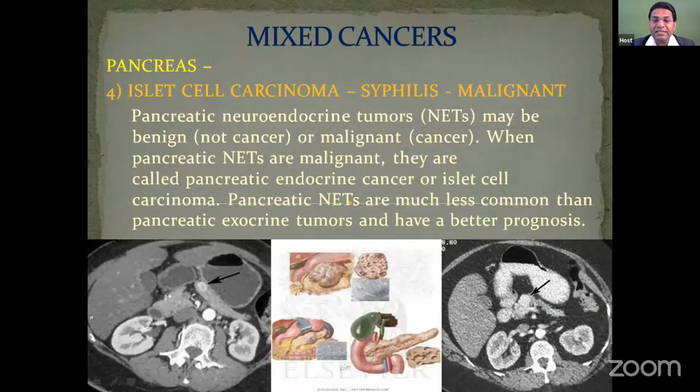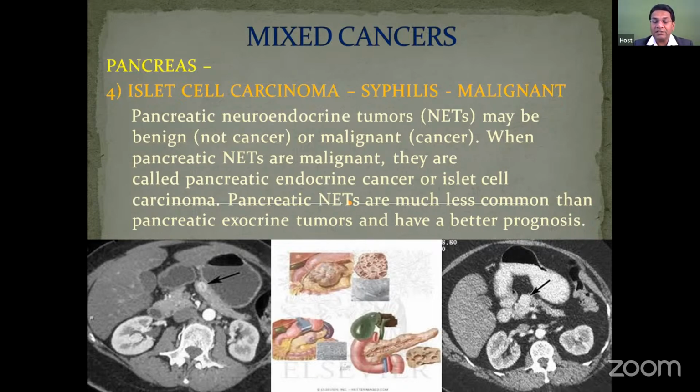Then islet cell carcinoma, it is malignant. Pancreatic neuroendocrine tumors may be benign, non-cancer, or malignant, cancerous. When pancreatic neuroendocrine tumors are malignant, they are called pancreatic endocrine cancer or islet cell carcinoma.